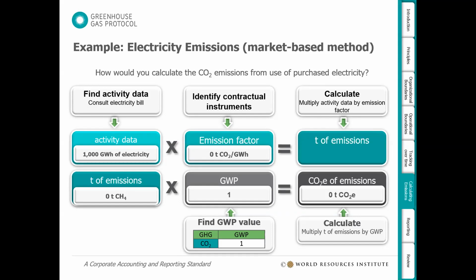And in general, a company would or could resort to default emission factors. So it could look up emission factors which describe the emissions per unit of average office space in the United States, for example, and then use those default emission factors to calculate the emissions.